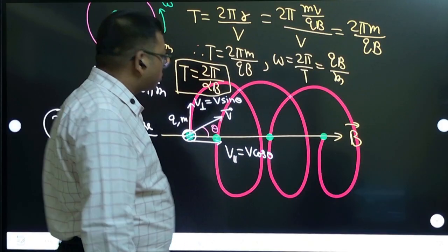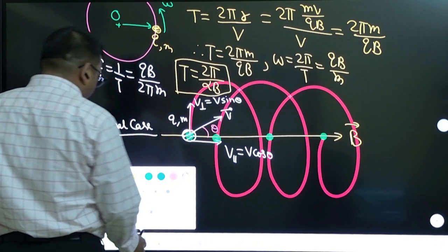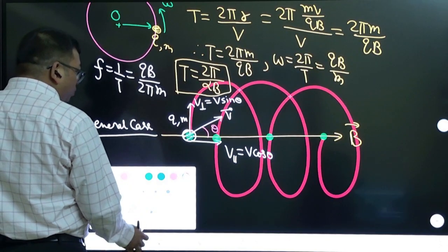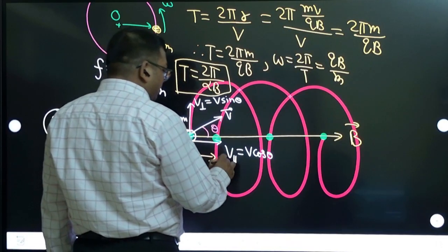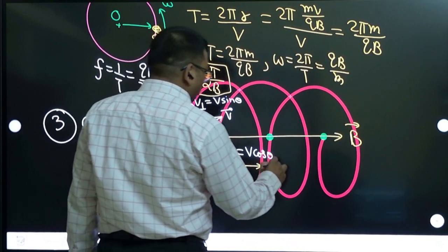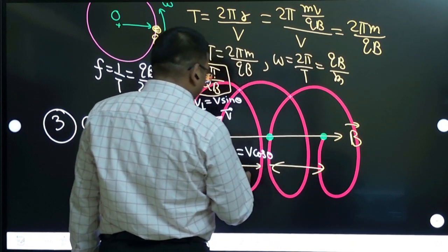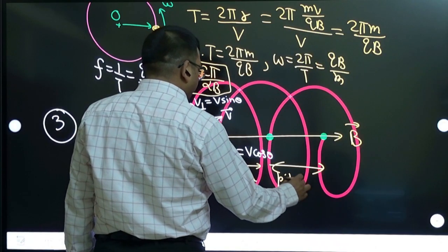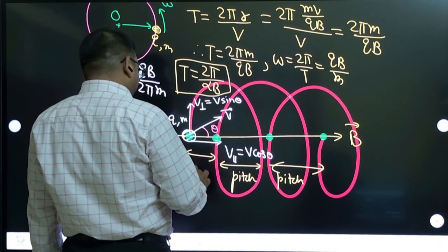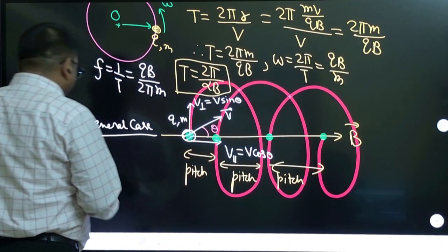So this distance which it moves forward in every circular motion in this plane is called pitch. And this pitch is the same because the speeds are the same.